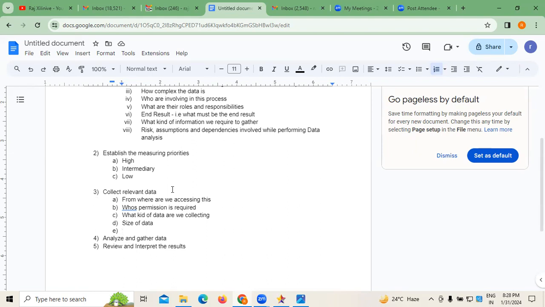That is also required. Who is going to give us the permission is also one of the key elements we have to see.